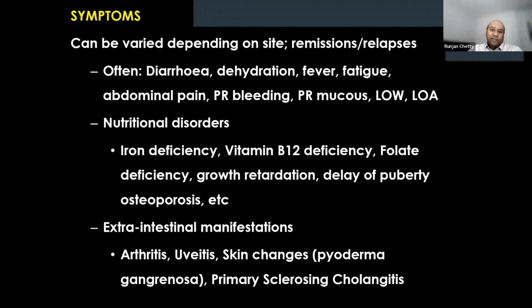Younger patients tend to have growth retardation and delayed puberty, early onset osteoporosis, etc. And these are all just sequelae from the fact that the gut is not working properly. And then we know that there are extra intestinal manifestations involving joints, the eye, skin changes, and primary sclerosing cholangitis, which is an important consideration in the management of these patients.